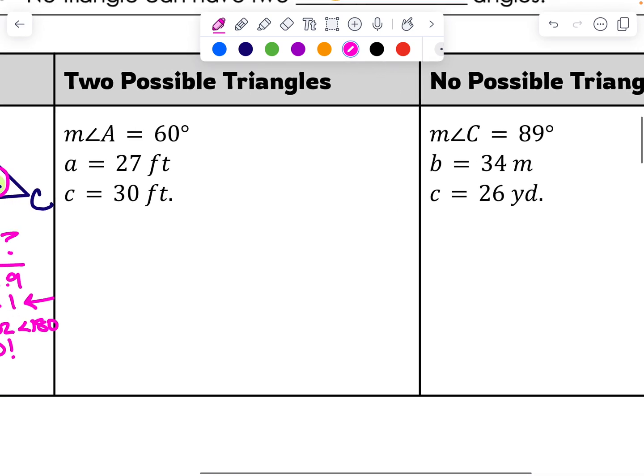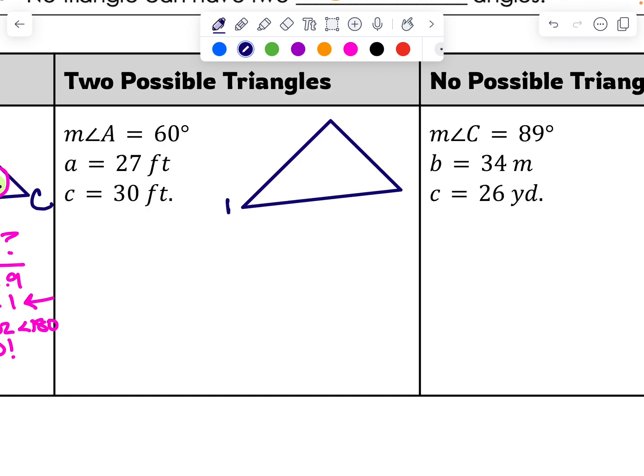All right, so let's see what happens when we've got two possible triangles. So same process, I'm going to go ahead and set up my triangle, label my angles, and we know A is 60 degrees, we know side A is 27, and we know side C is 30. So again, I've got side, side, angle. So I'm still going to solve everything just exactly how I was because I have an angle on its opposite side.